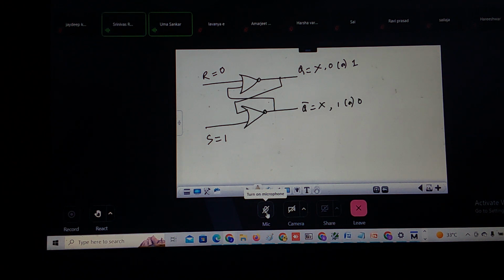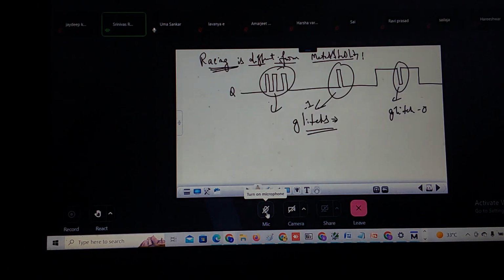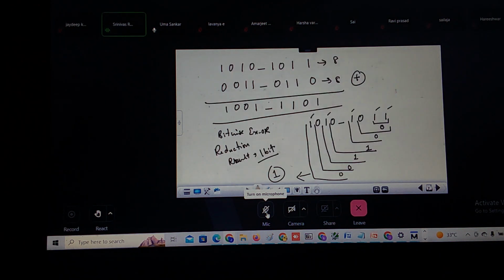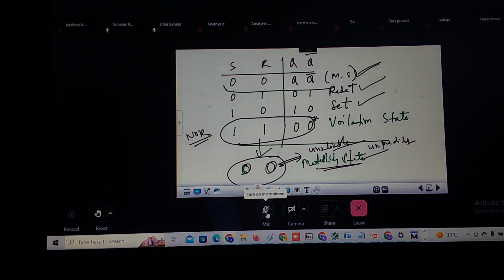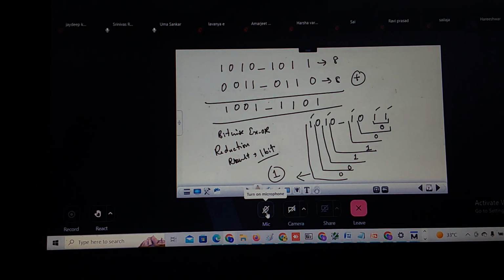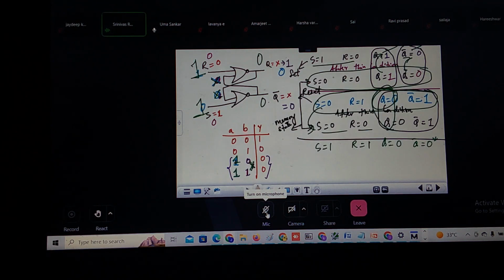Both S equal to 0, R equal to 0, that is what I said. If you put S is equal to 0, R is equal to 0 in your NOR latch, what happens? It just preserves the previous data. If you start analyzing from S0, R0, it just holds what it was earlier, whatever the value of Q and Q bar. That is the mechanism I was explaining here.